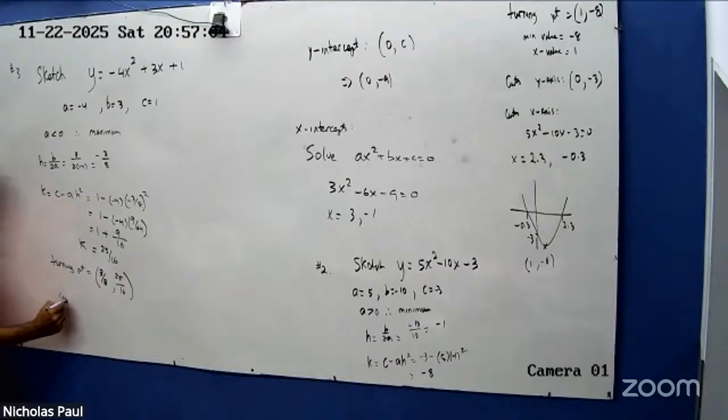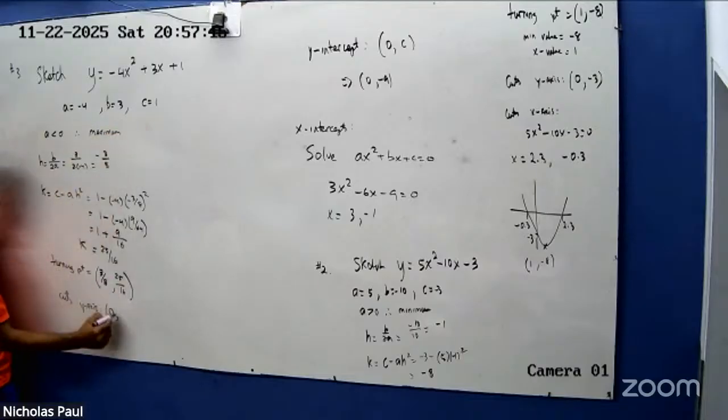Then we need to get where it cuts the x-axis. Question? Where it cuts the y-axis, sorry. So that'll be 0, C. C is 1. And where it cuts the x-axis, what did you all get when you solve it?